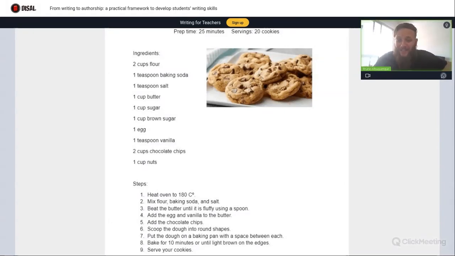The thing that caught my attention is that the preposition of is not used. So it's 2 cups flour, 1 teaspoon baking soda, 1 cup butter, 1 cup sugar, right? And then the first recipe I analyzed, I was like, huh, interesting.